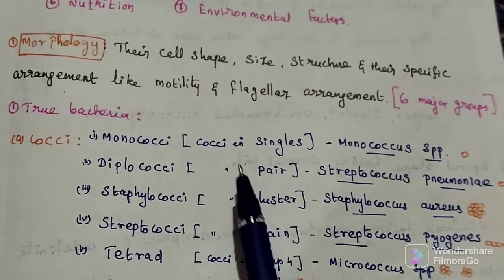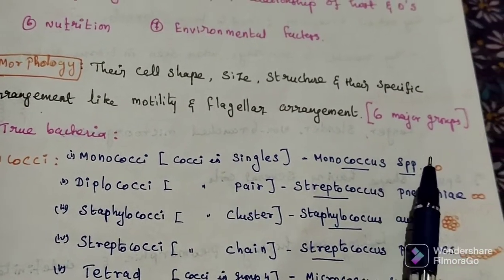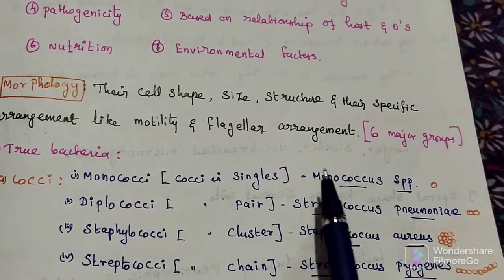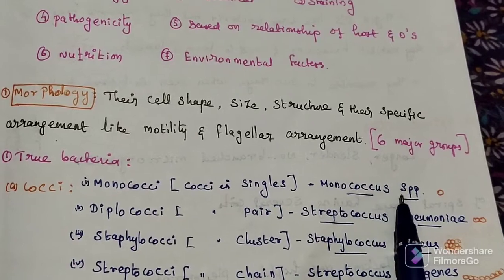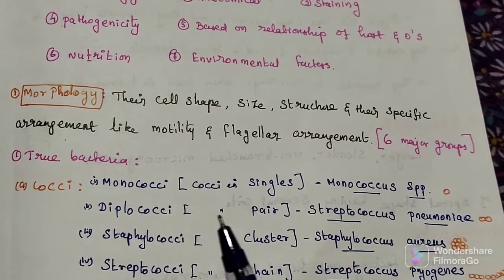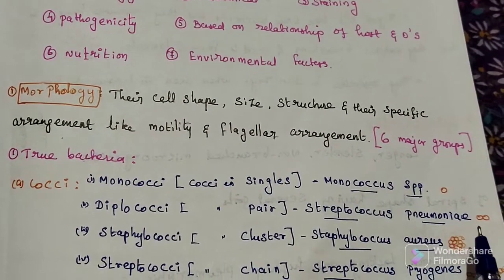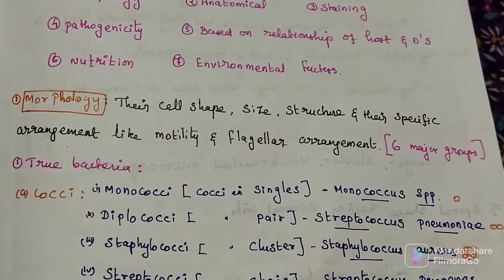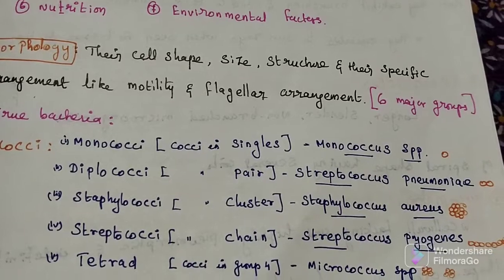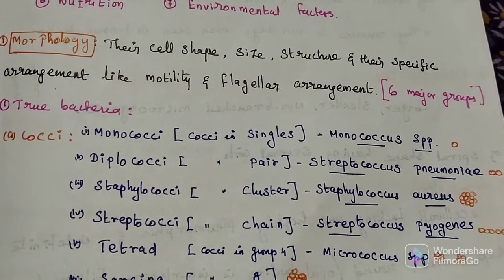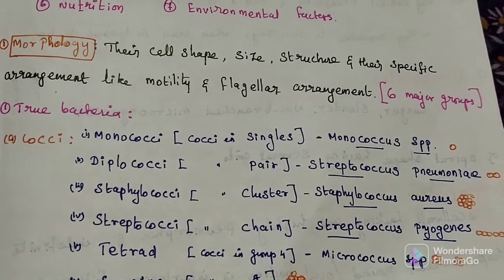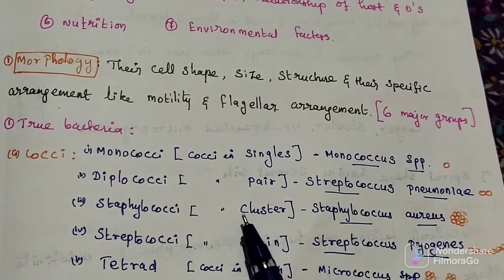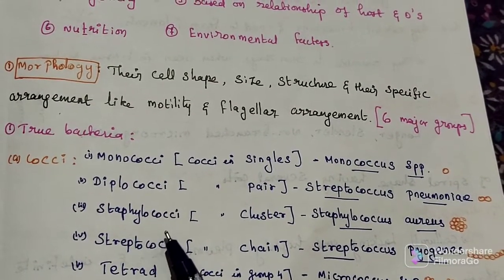The cocci, round shaped bacterium, presented singly is called monococci. Example, Monococcus species. Cocci arranged in pairs are called diplococci. Example, Streptococcus pneumoniae. Cocci arranged in clusters like grapes are called Staphylococci.